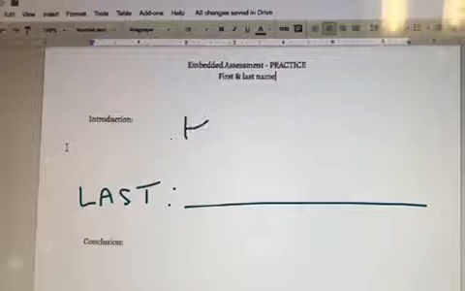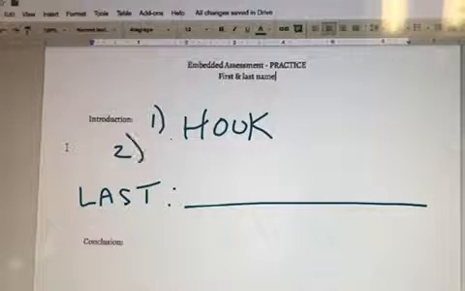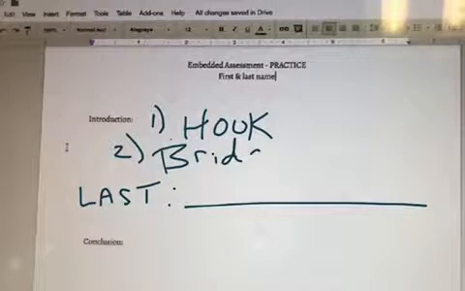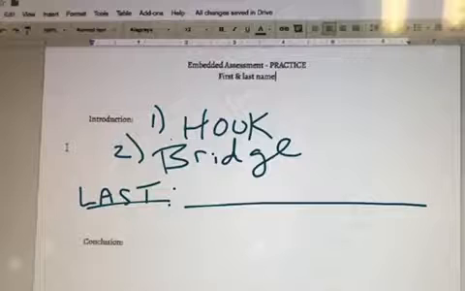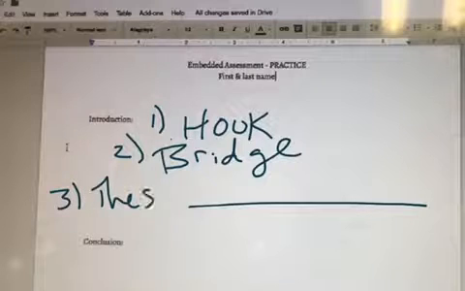Then you have your hook first. You have your bridge. And then you have your thesis.